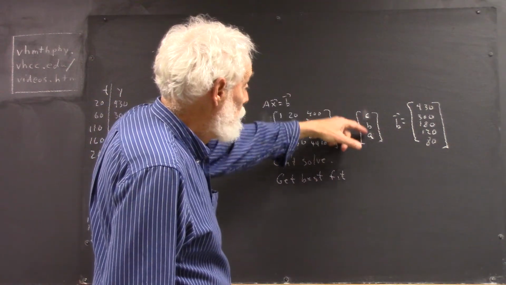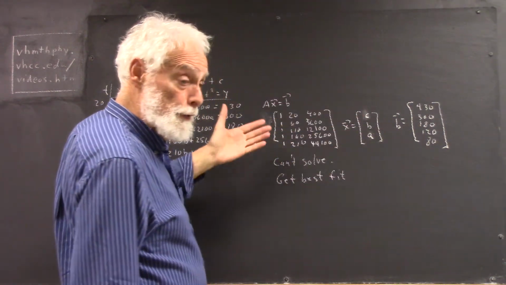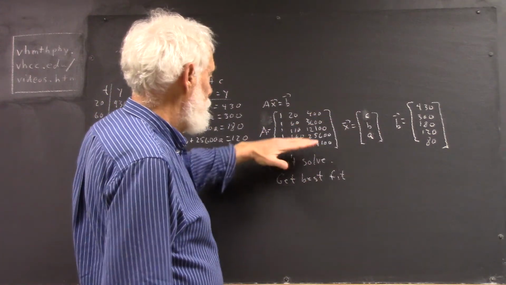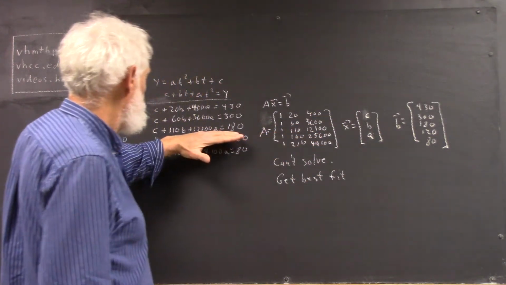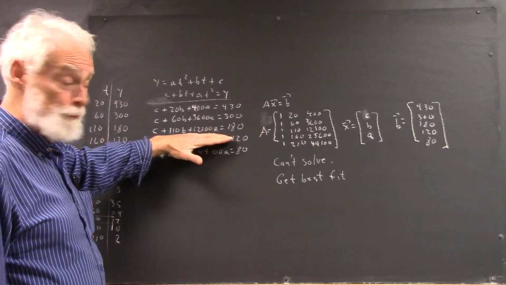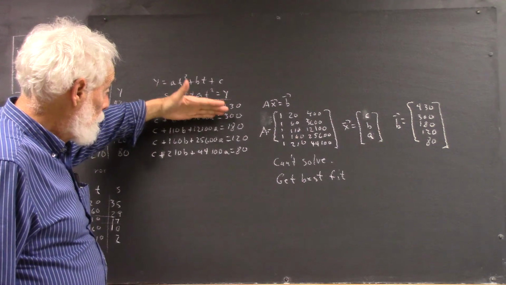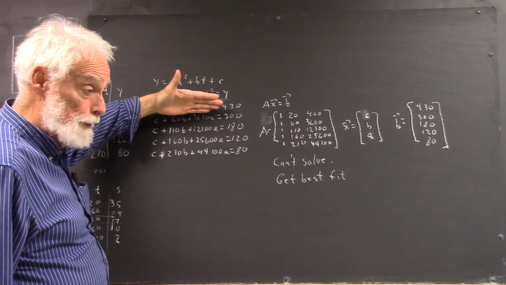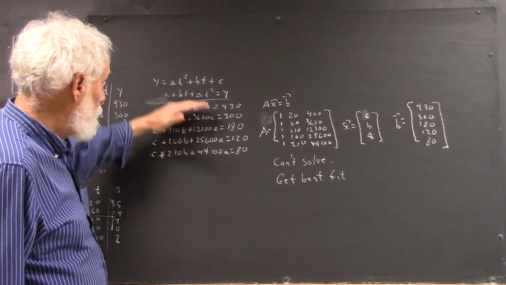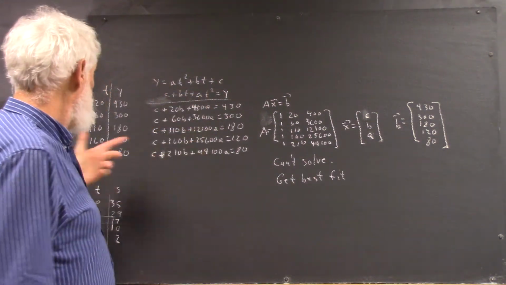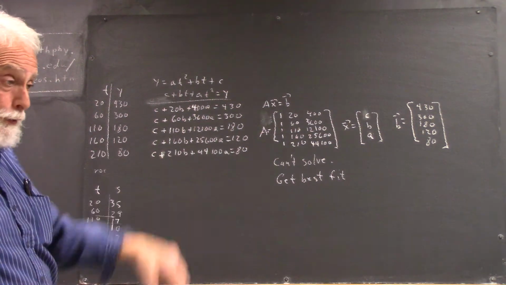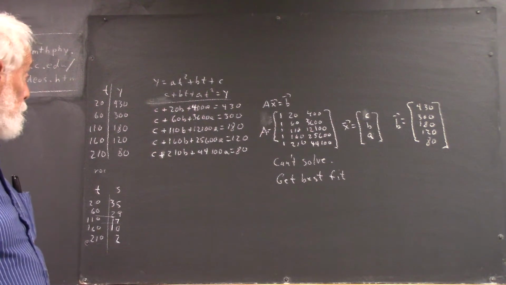You want to find 3 numbers here, but you have too many equations. If you just took the first 3 equations, you would expect to get values for A, B, and C. Now, if you took the last 3 equations, you would get values for A, B, and C. You don't expect to get the same values from the last three equations that you got from the first three, because presumably these are observed by people walking around in circles and counting and writing down numbers.